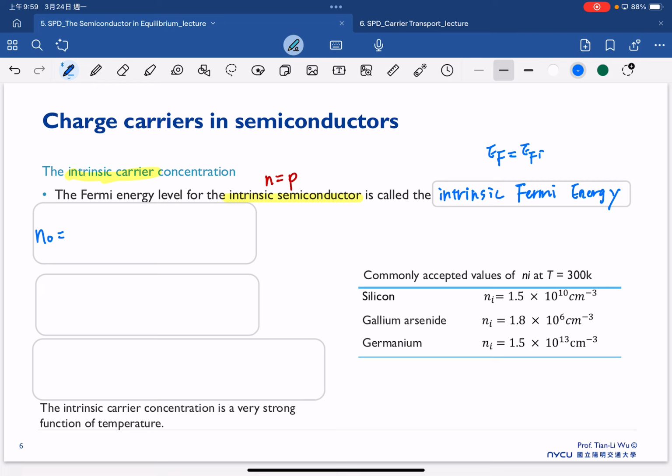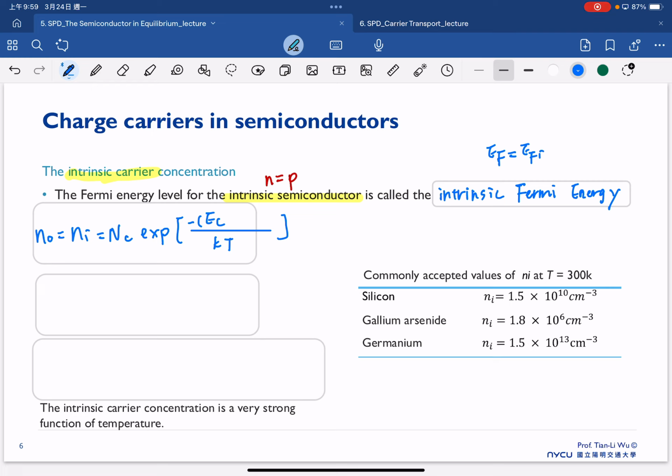Actually, in this case, our N0 is equal to our intrinsic concentration, which is equal to NC exponential, and as previously, we have EC minus EF, but now EF is equal to EFI.